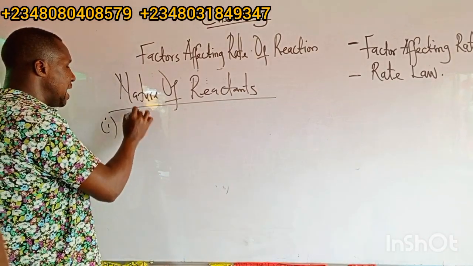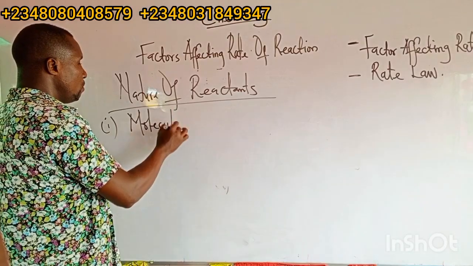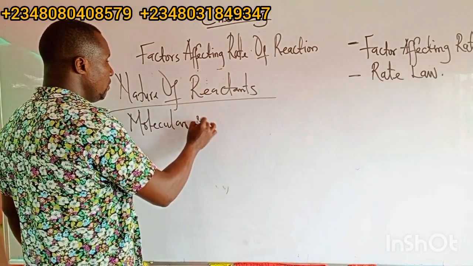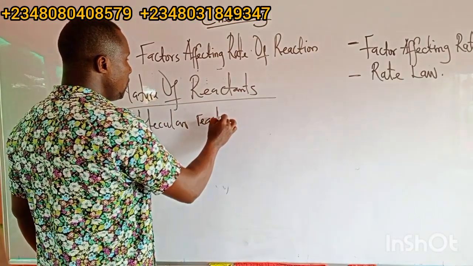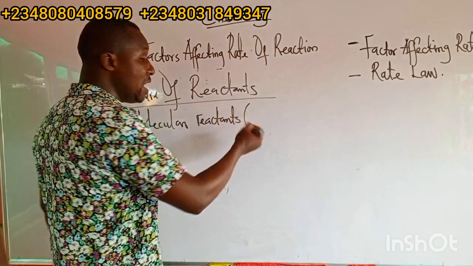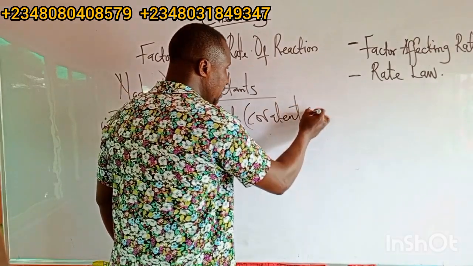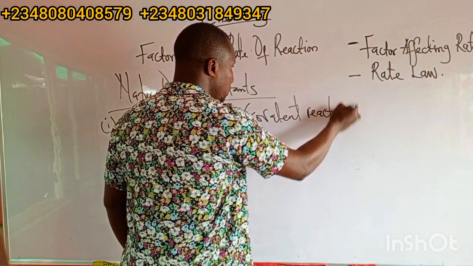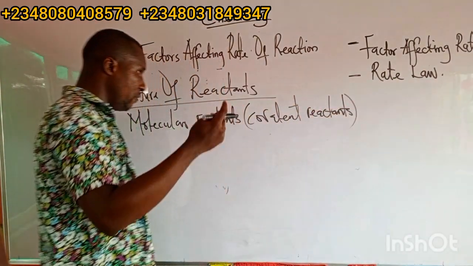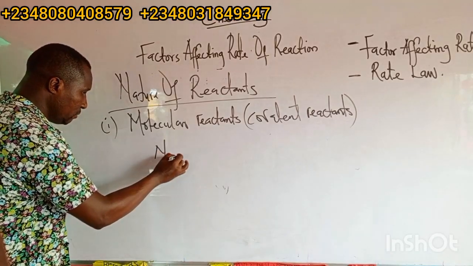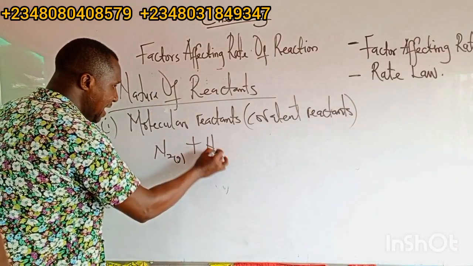When you have molecular reactants, molecular reactant means covalent reactant. For example, nitrogen gas reacting with hydrogen gas.